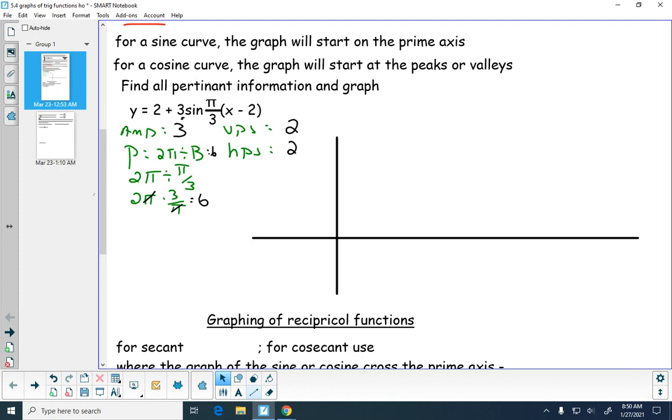The first thing we draw in there is the vertical phase shift, our prime axis. So we draw in our vertical phase shift at a value of 2.